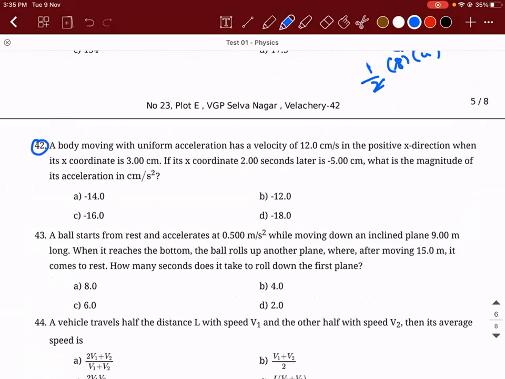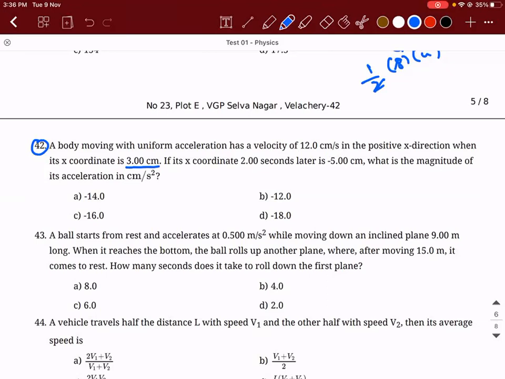So there is an object which is moving with a uniform acceleration, has a velocity of 12 centimeter per second in the positive x direction when its x coordinate is 3 centimeter. If its x coordinate 2 seconds later is minus 5 centimeter, what is the magnitude of its acceleration?